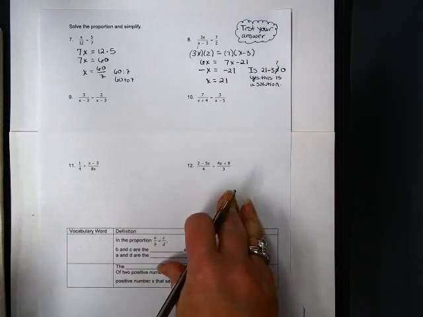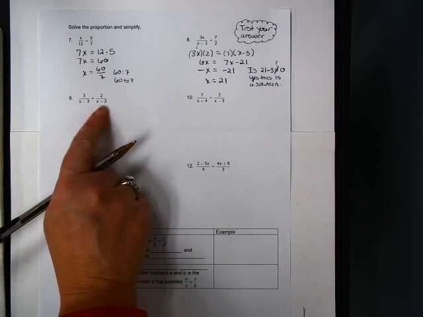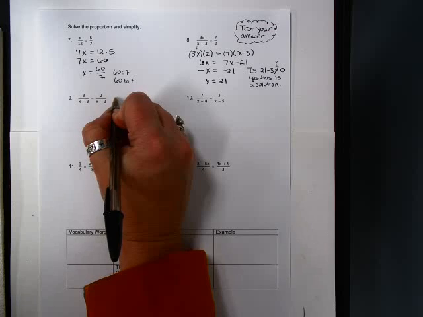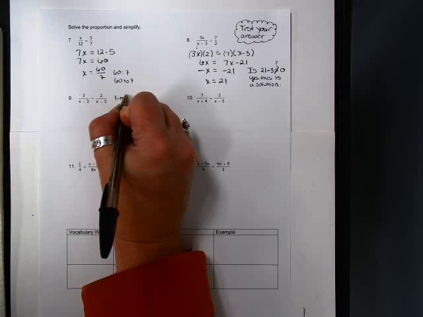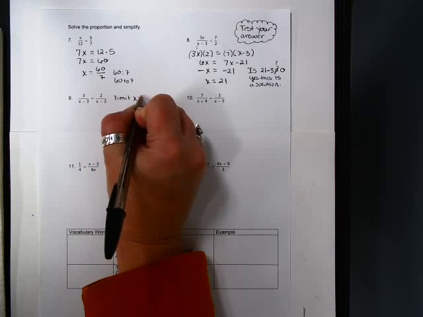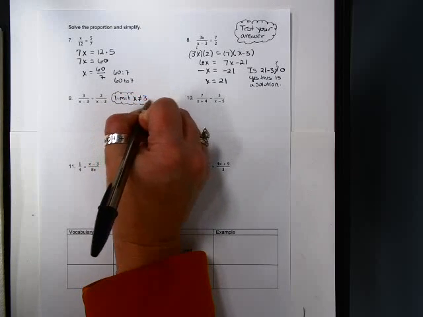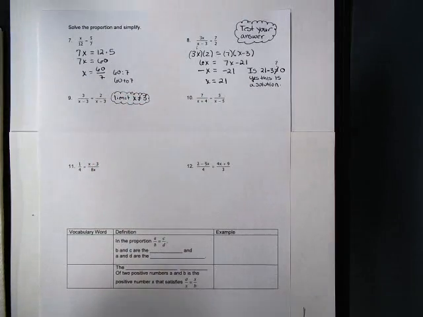Okay, next one. Again, what value of x is not allowed? Here, our limitation, my limit, x cannot equal 3. If x equals 3, it's a no-no. We can't have that.